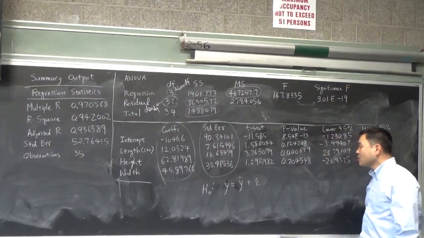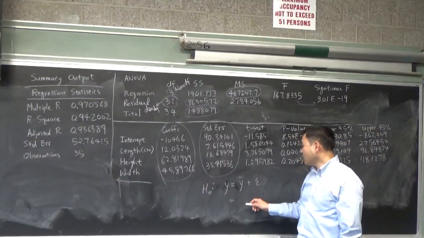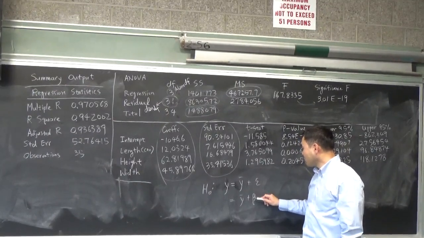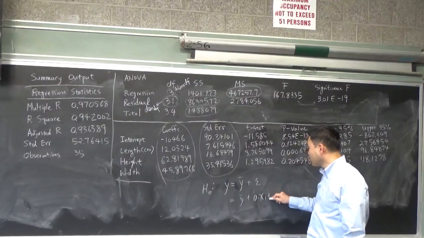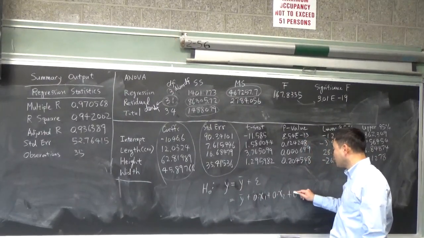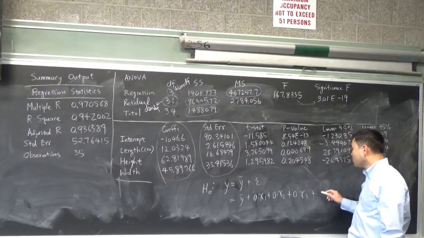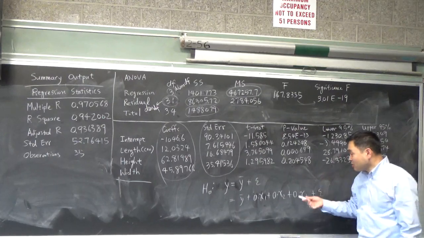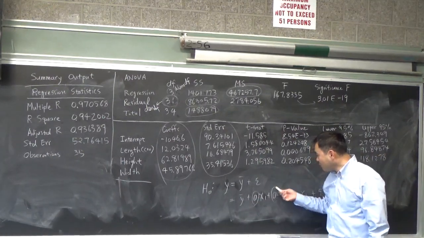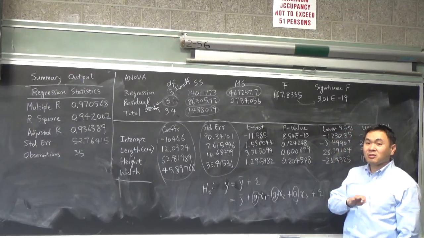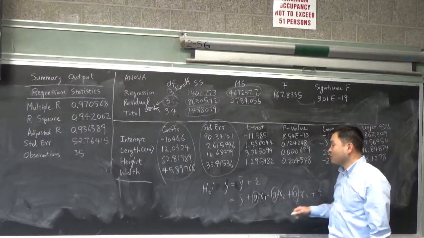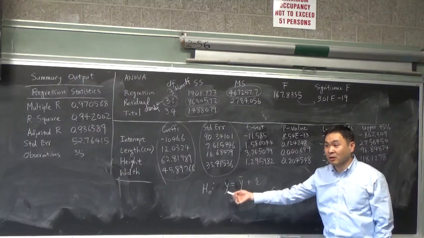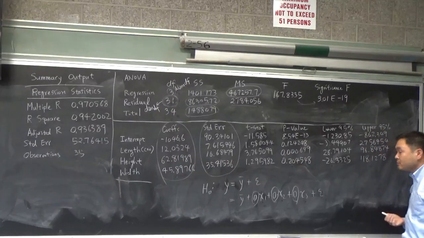In other words, we are assuming that you have some y bar plus 0 times x1 plus 0 times x2 plus 0 times x3 plus some error, right? So in other words, your null hypothesis is saying that the coefficients are 0. In other words, there is no correlation between x1, x2, x3, and then y. These don't have any predictive power in giving you the y. That's our assumption, all right?